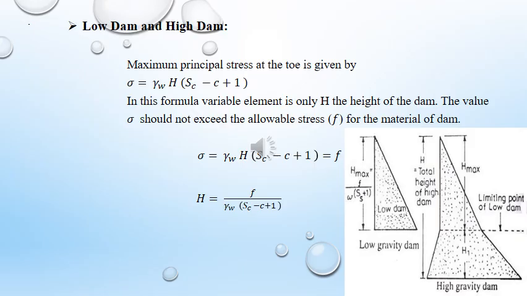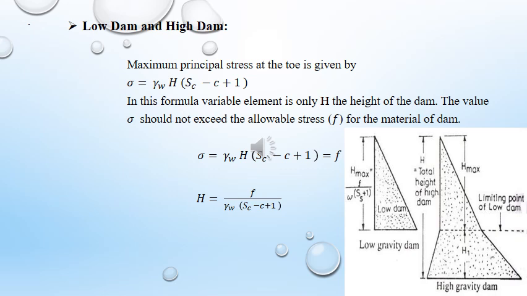Low dam and high dam. So, the principal stress for a gravity dam having elementary profile is sigma equal to gamma W into H into SC minus C plus 1. Here SC and C for a particular given condition will be constant.